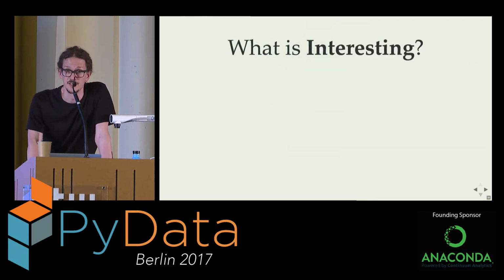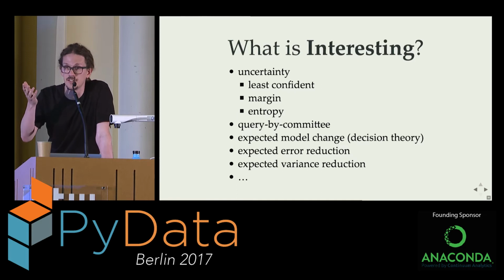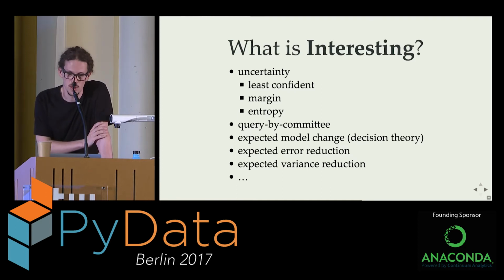So what is interesting? Quite a lot of these are interesting. Broadly speaking, and you should look at the active learning book if you want to know more, uncertainty in general is interesting. Query by committee is very interesting.